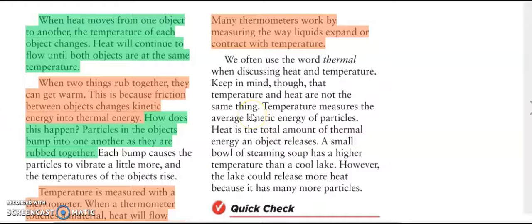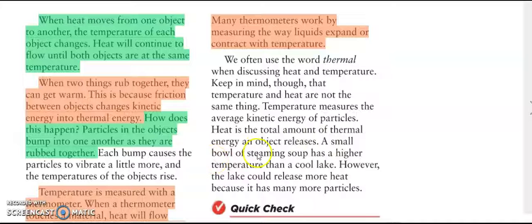Okay guys, when we discuss heat and temperature, keep in mind that temperature and heat are not the same thing. Temperature measures the average kinetic energy of particles, and heat is the total amount of thermal energy an object releases.